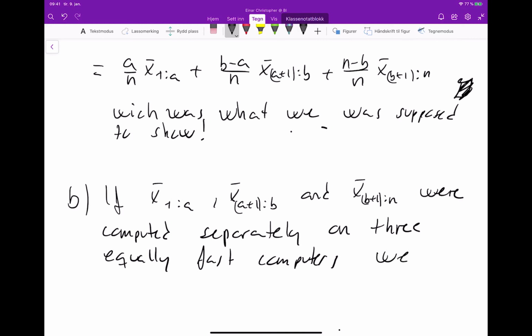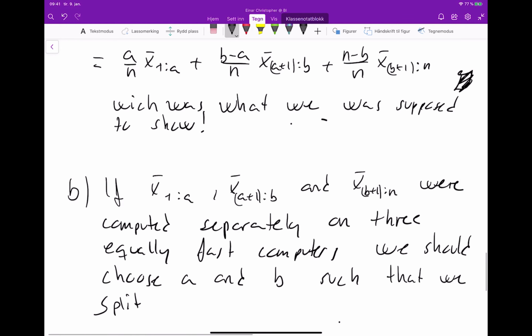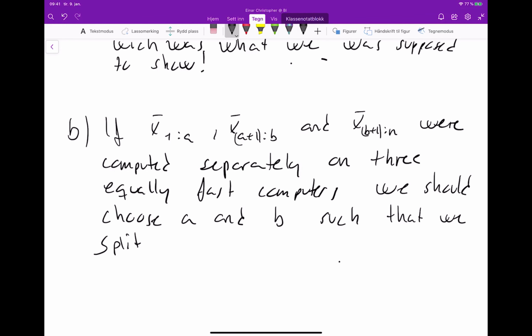we should choose A and B such that we split the data or observations here in three equal parts.